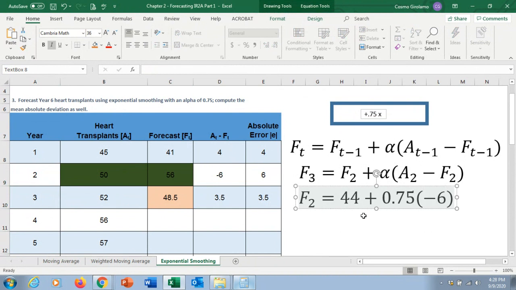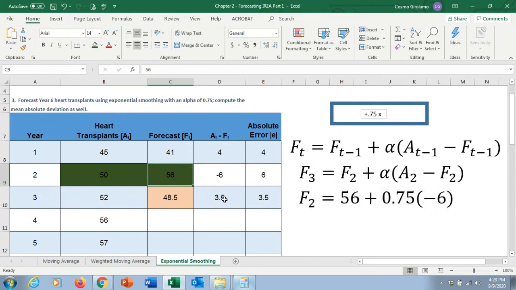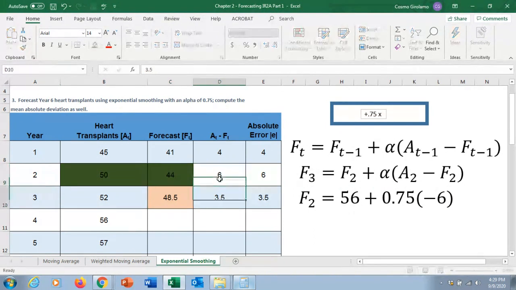So this would have corrected down, and it would have started at 56 plus 0.75 times minus 6. So my prediction here would have come down from 56. A couple things that are important here is the sign. If there's a negative sign, you have to leave the negative in because that corrects up or down. So let's change it back to 45 and 6.